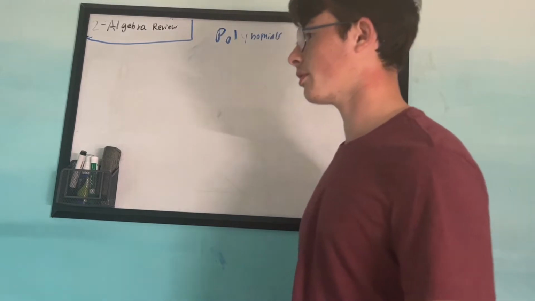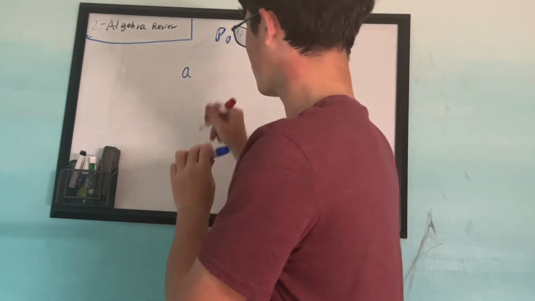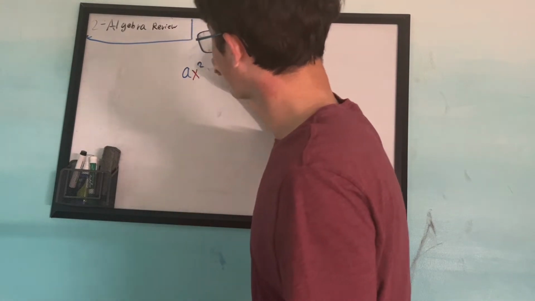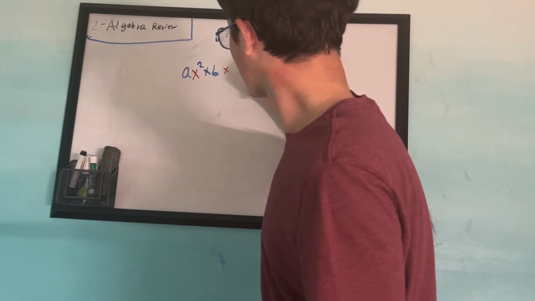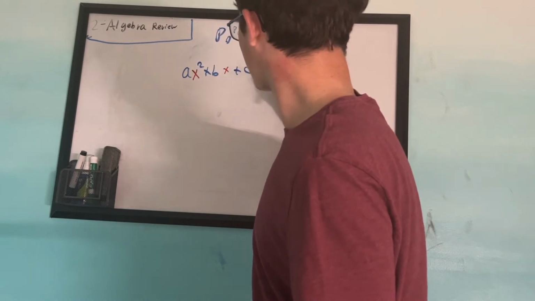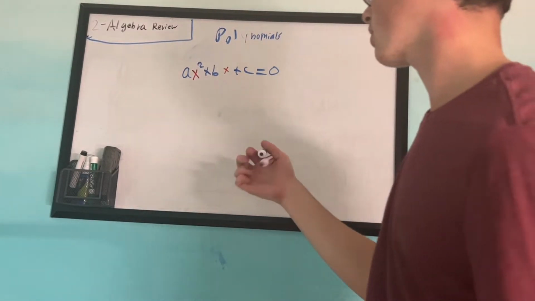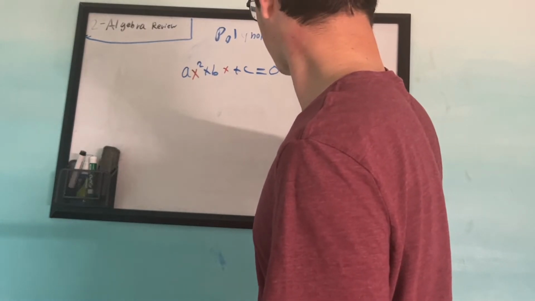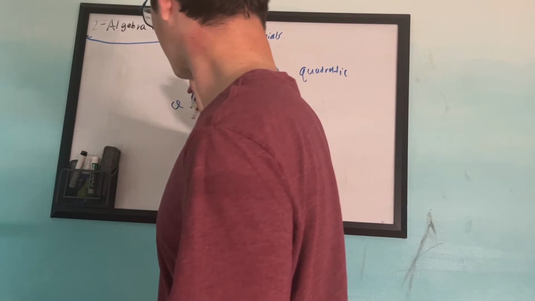So a polynomial would be anything in the form of ax squared plus bx plus c equals 0. So it's all these. You have quadratic, you have cubics also.